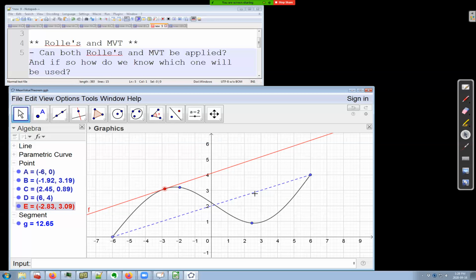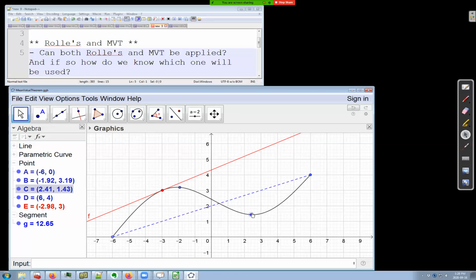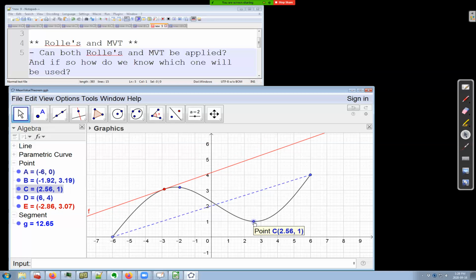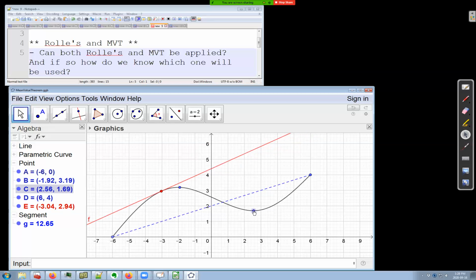Now let me be a little bit more careful there. I said no matter how crazy this function gets, that's a little bit of a lie, because the function has to be continuous and smooth. As long as it's a continuous and smooth function, then you can win this game. But if your function is really crazy, like if it has asymptotes and discontinuities, then all bets are off. That's what the mean value theorem says.